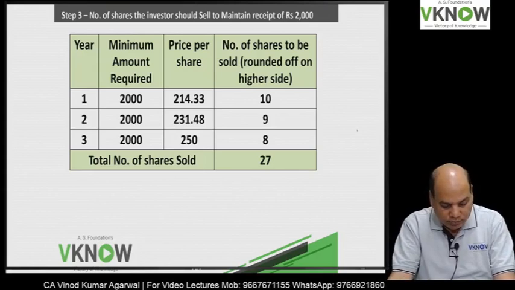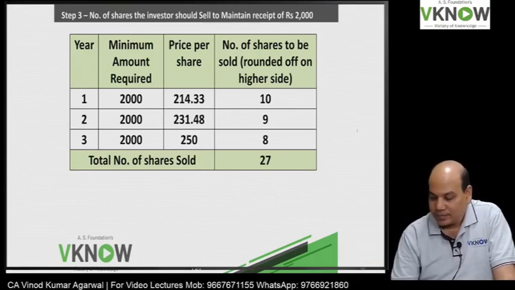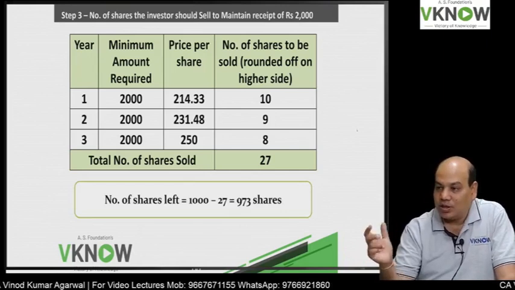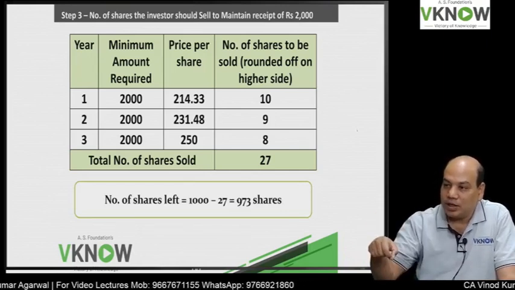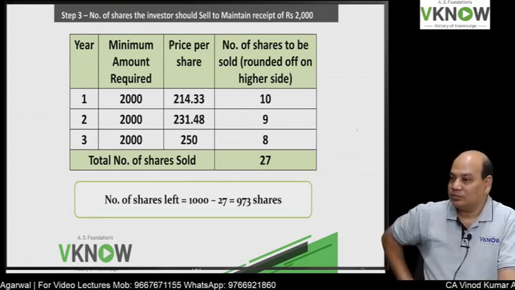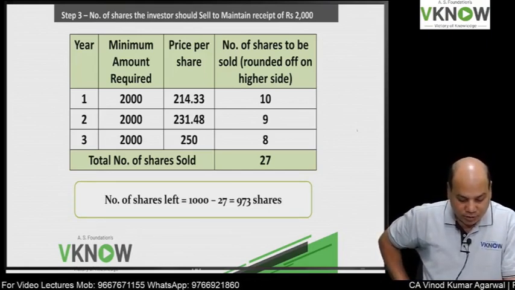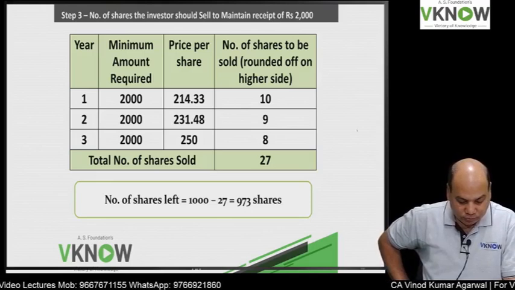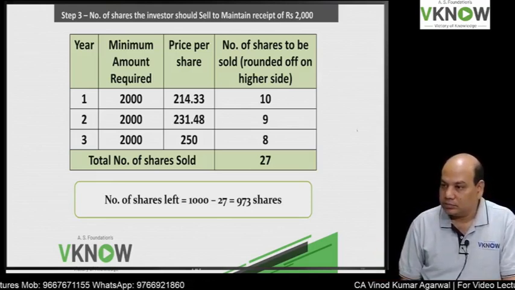Now he had 1000 shares in the beginning. He sold 27. So number of shares left at the end of year 3 is 973.